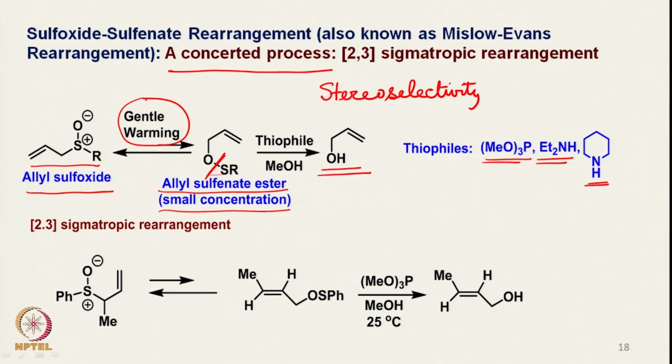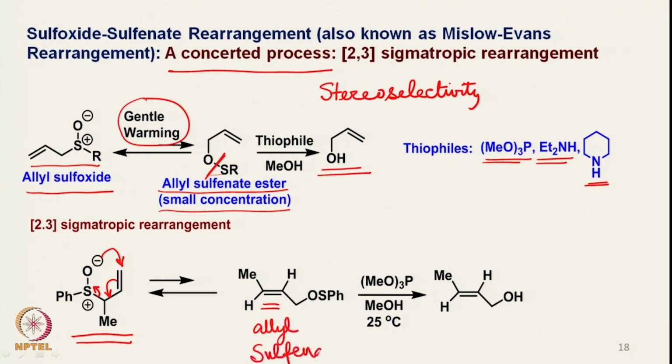Now as one example I am showing here, one typical example is this phenyl sulfoxide based reaction, which gives essentially like this, that you have this coming like this and coming like this, and you get the corresponding sulfenate ester, an allyl sulfenate ester.